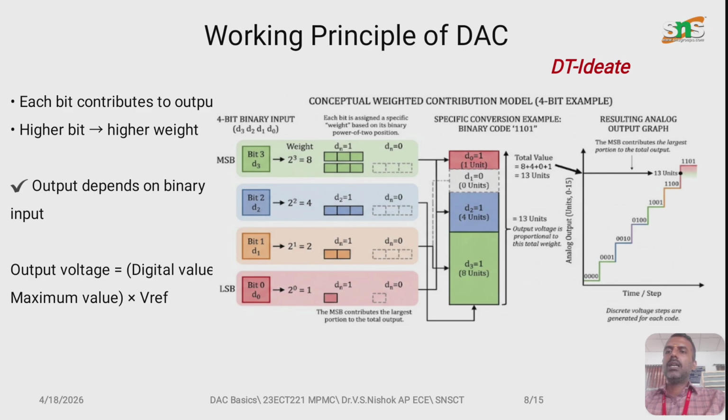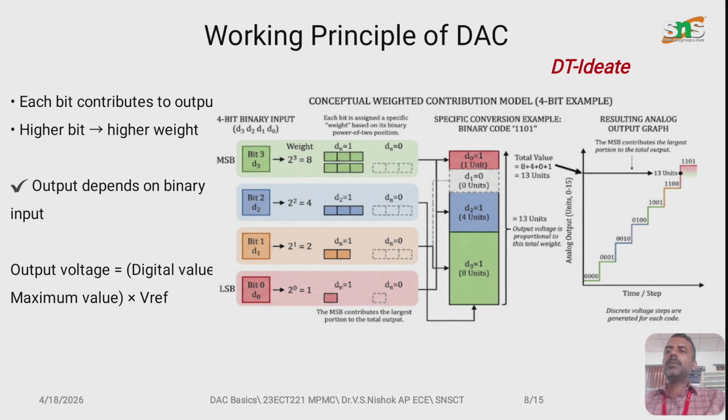Along with this analog output, we will identify the maximum value and we will have the V reference value. With these values we will obtain the output voltage. Output voltage will be equal to digital value divided by the maximum value, into the V reference value. V reference is an already known value and the digital value we will calculate based on the mentioned weightage.